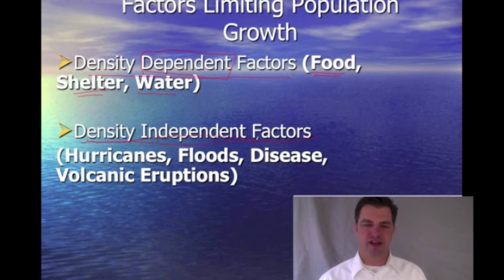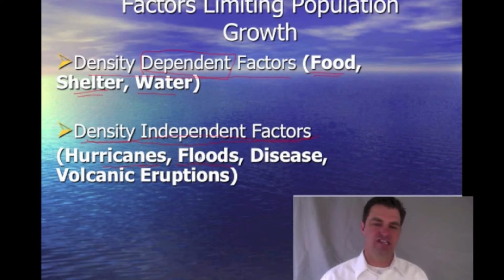Density-independent factors are things where it doesn't really matter how many individuals you have, you sort of get the same effect. Okay, hurricanes, floods, spread of disease, although things that humans do, for example, might increase the chances of floods or hurricanes.